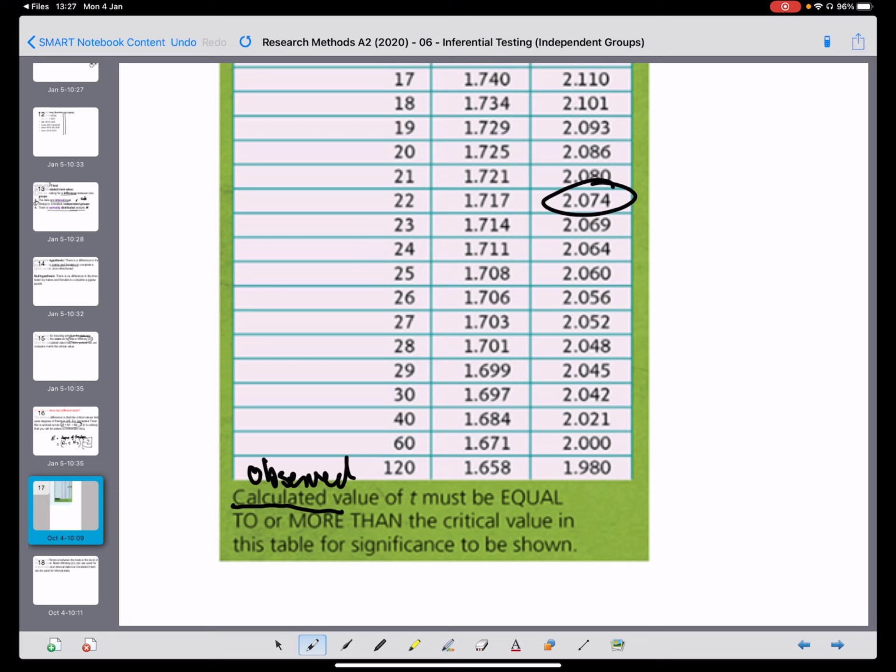The observed value or calculated value must be equal to or more than the critical value for this table to be significant. You write that value down, you write down your critical value, and then you make the comparison as to what you should do from there.